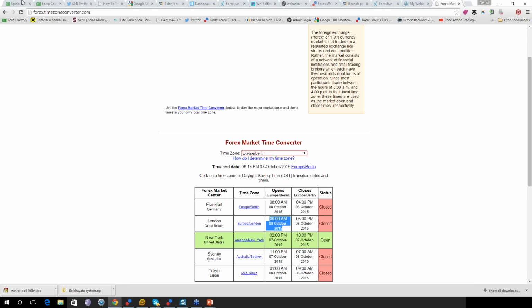Remember that, because the platform uses a different GMT calculation. So if your time is 8 a.m., your platform time is 9 a.m. if you're trading with Admiral Markets. This is how you determine your time zone easily. Go to this website, enter your time zone, and it will write it down. So you see, New York will last till 10 p.m. my time.